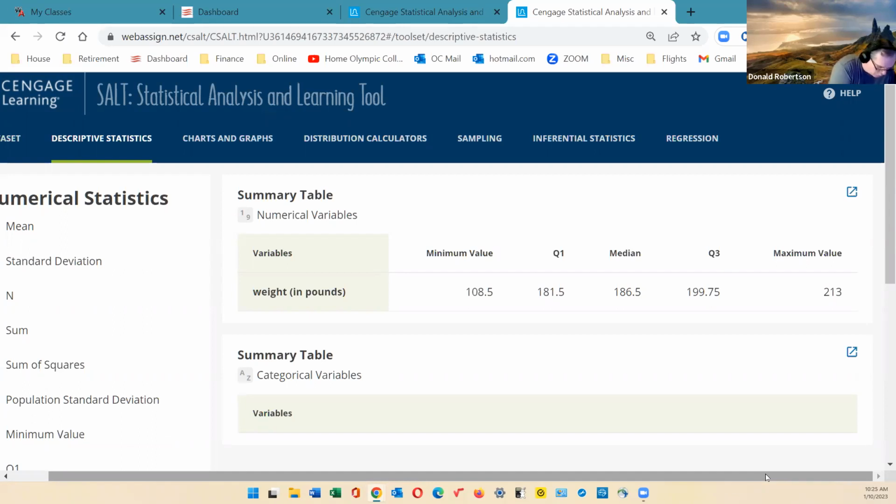And then I have a Q1, 181.5. We have a median, 186.5. We have a Q3, 199.75. And finally, we have a max of 213, which is the one that you picked, James, right? The 213 guy, the heaviest.